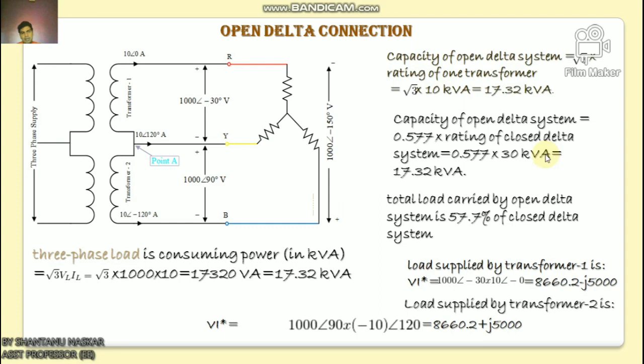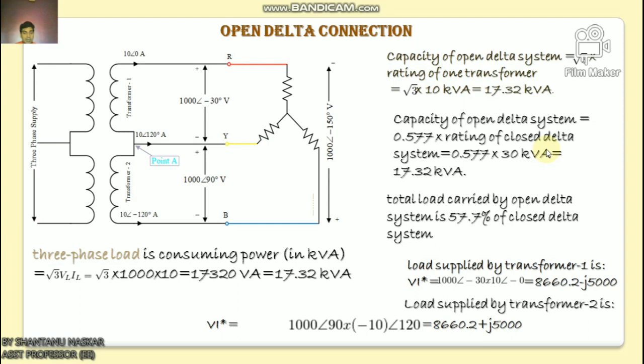In subsequent discussion we will explain this system with the help of some numerical values, then you will understand clearly. Suppose you have three single phase transformers of 10 kilovolt ampere each. They are connected in both primary and secondary side in a delta connection.